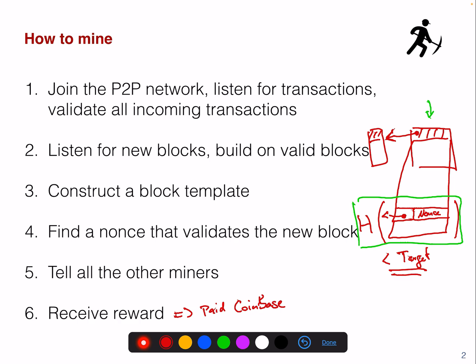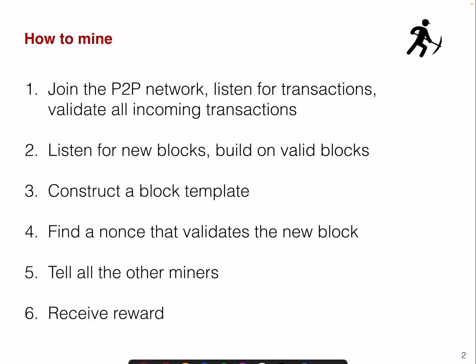So what is the Coinbase transaction again? Do you remember? The Coinbase transaction is the first transaction in the block, and it's the one that pays the block reward, right? This is the mechanism by which a miner receives a financial reward for performing this mining. All right, so this is the high-level view of how to mine.